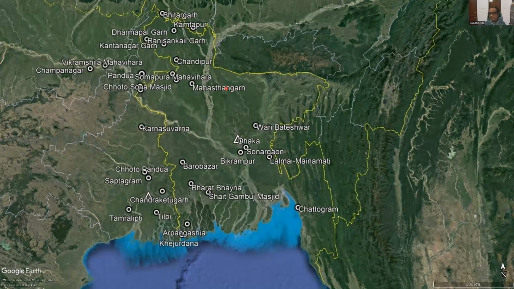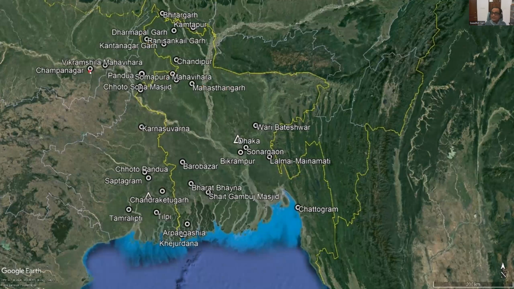And many of us are aware of the rereading of this Brahmi inscription by Professor Susmita Basu Majumdar recently. And the closest archaeological site, which is also identified as an urban center, is Bangarh, and you can see Bangarh here.